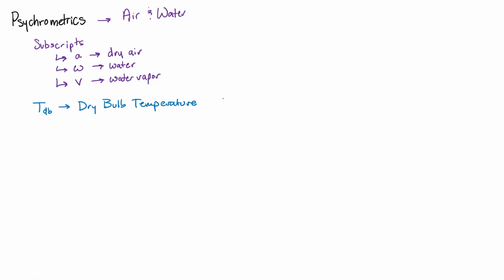This is what you would get from a thermometer. If it says our temperature is 30 degrees, then our dry bulb temperature is 30 degrees. Oftentimes, we're just going to write our temperature, because when we're talking about temperature, we are talking about the dry bulb temperature.